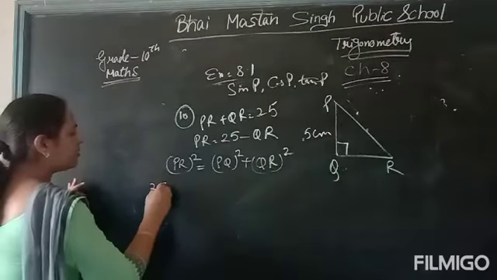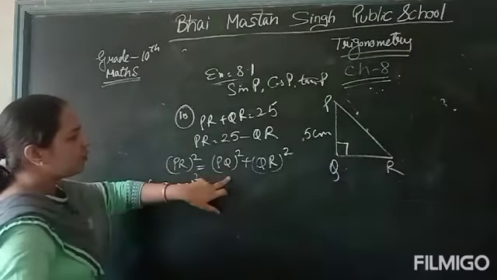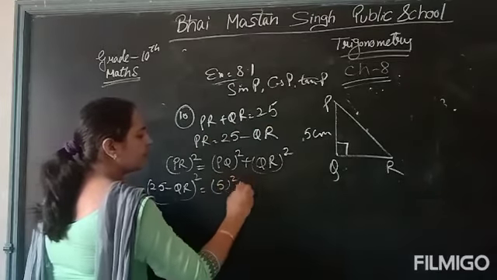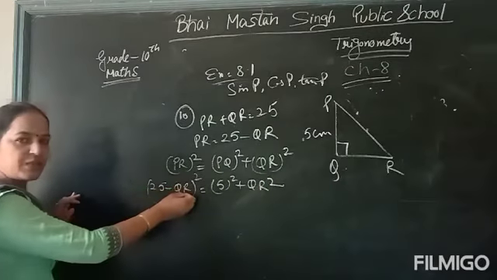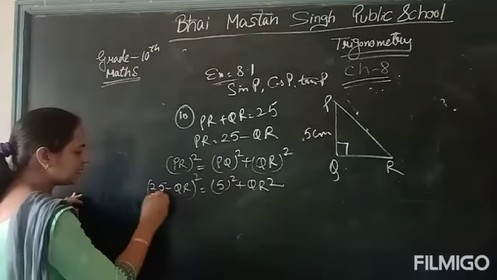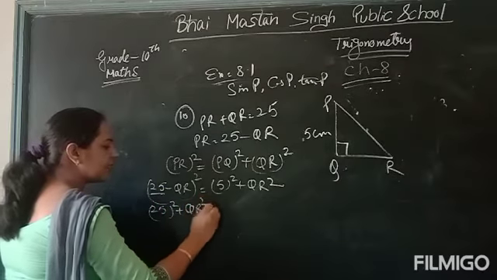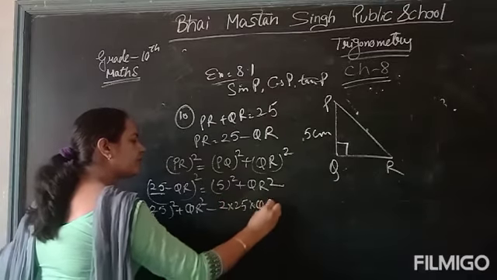I have found out 25 minus QR, square. PQ value they have given, 5 cm. So 5 square plus QR square. Now (A minus B) square. What is the formula? A square, 25 square, plus B square minus 2AB.